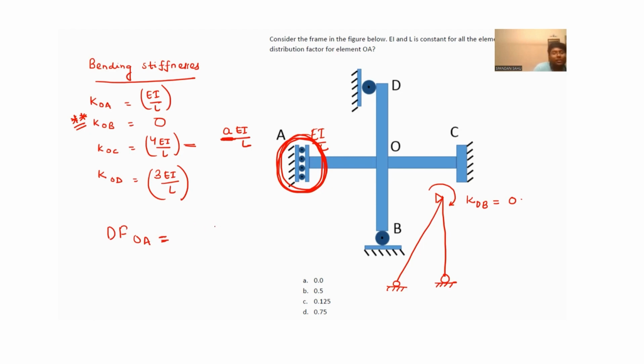So be careful. DFOA will be EI by L upon 0 plus EI by L plus 4EI by L plus 3EI upon L. So the answer is 1 by 8. So the option is option C.